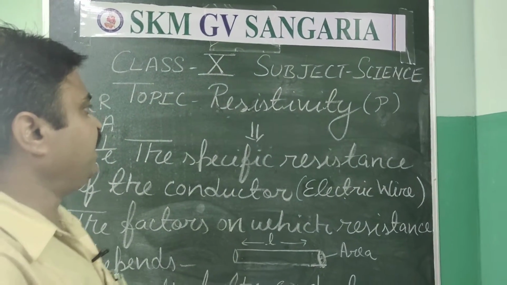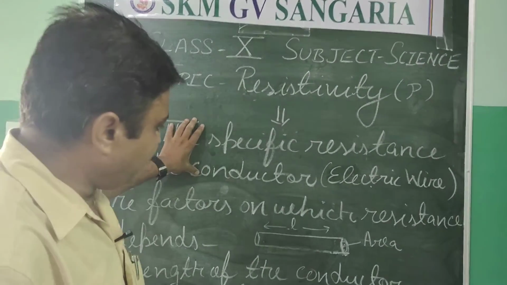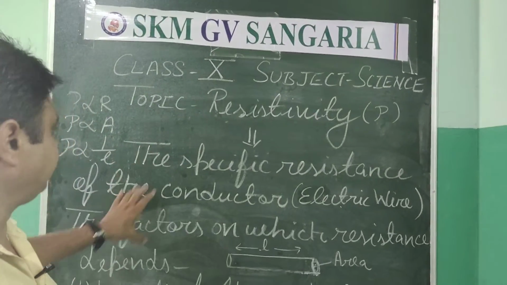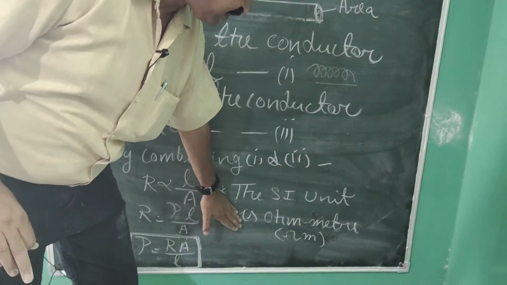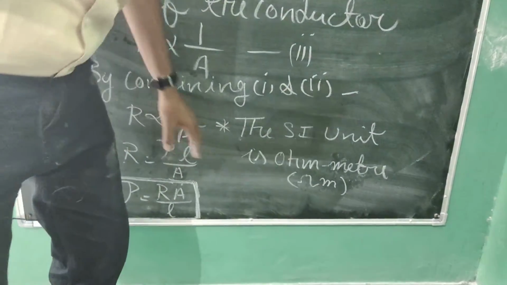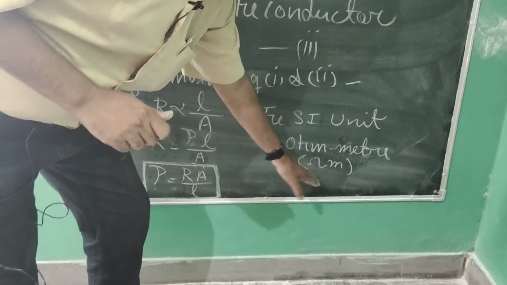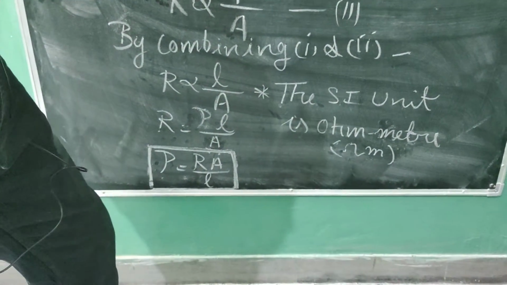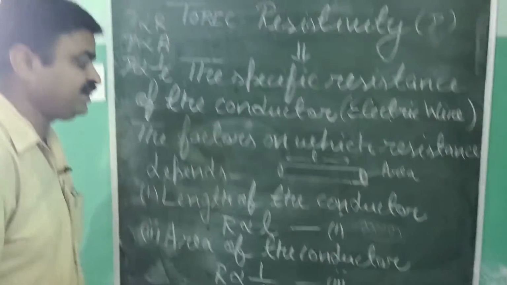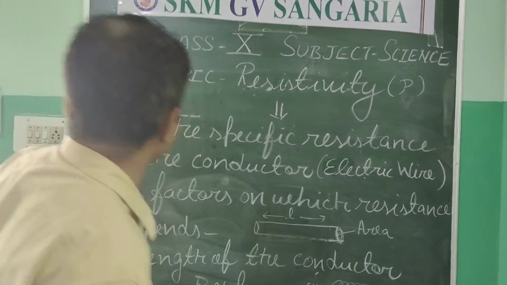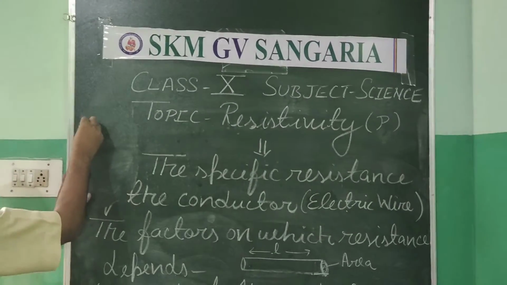Now we come to the SI unit of the resistivity. With the help of this formula we can get that it is ohm meter. Ohm meter is the SI unit of resistivity. We get it with the help of this formula only, rho equals RA upon L. How can we get it? What is the formula of the resistivity?